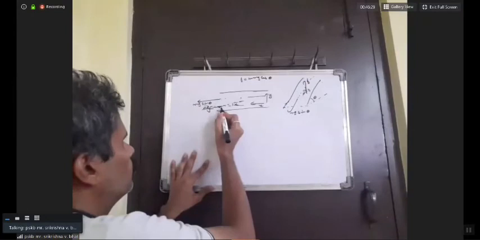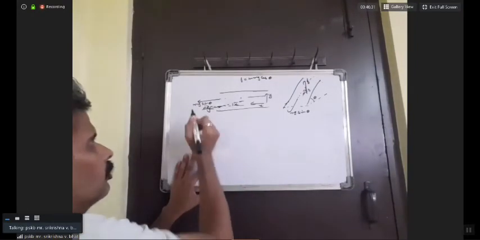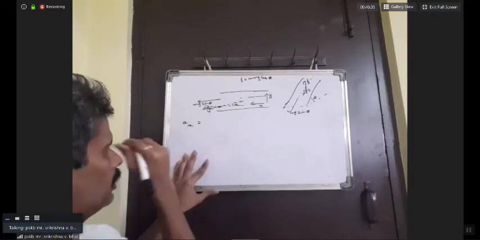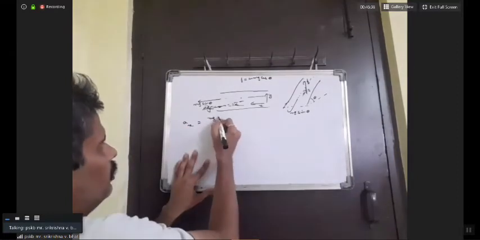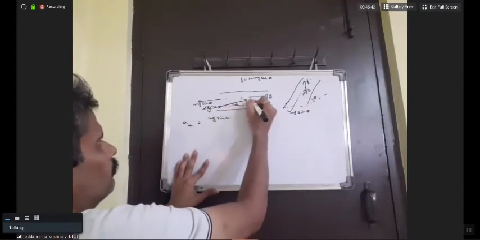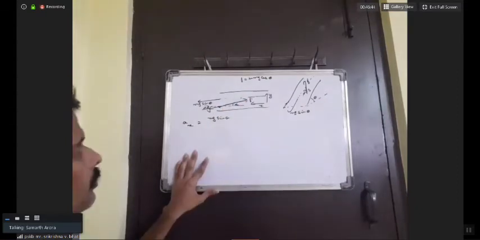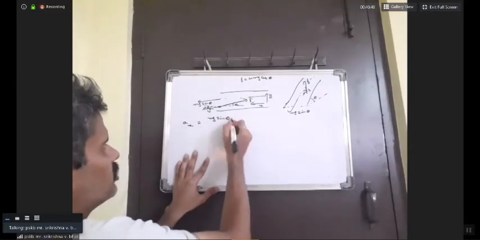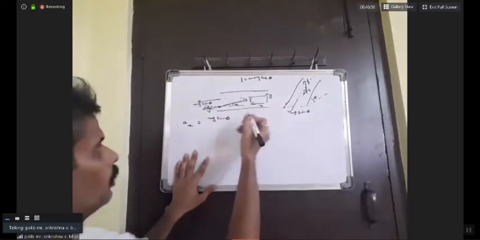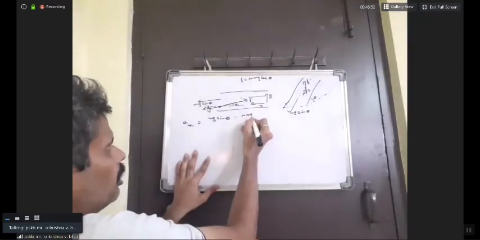So the acceleration in the x direction will be g sin theta, and friction will act like this. Friction's component I should take along this x-axis, so that should be f cos alpha. So it should be minus mu g cos theta cos alpha.